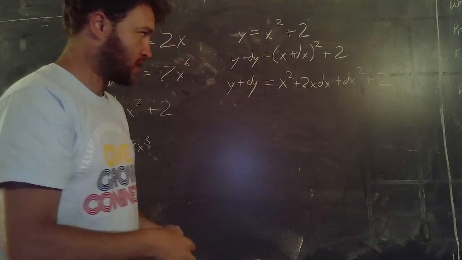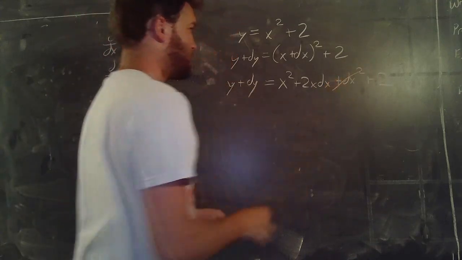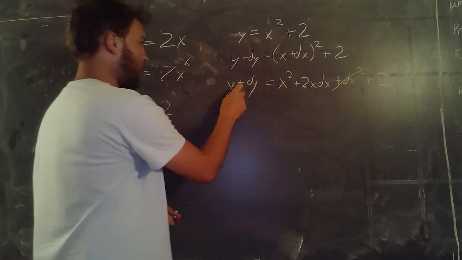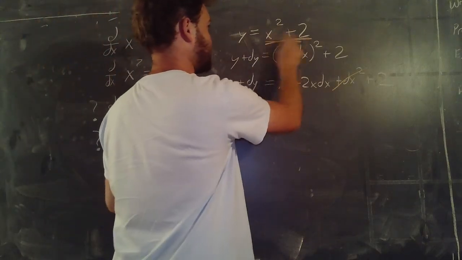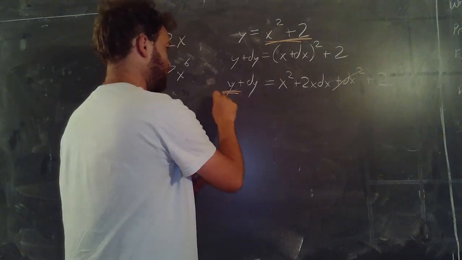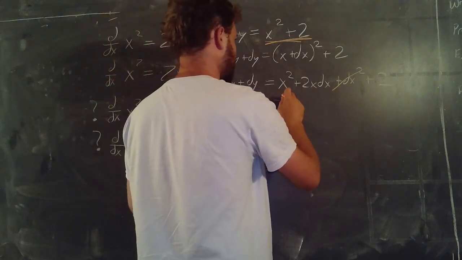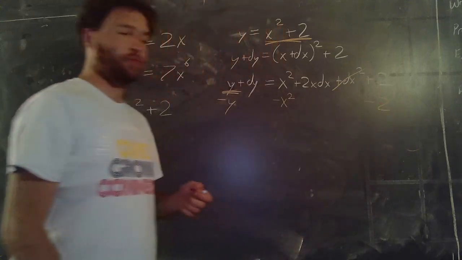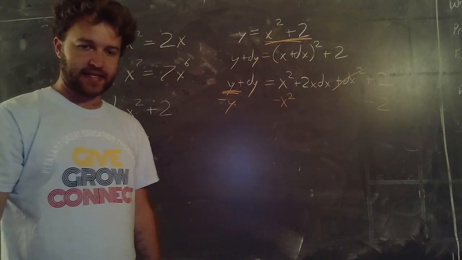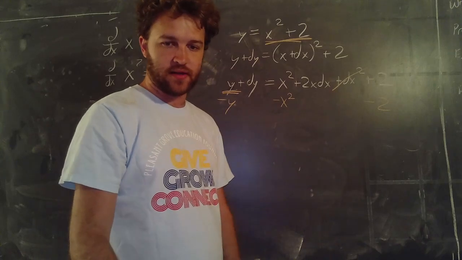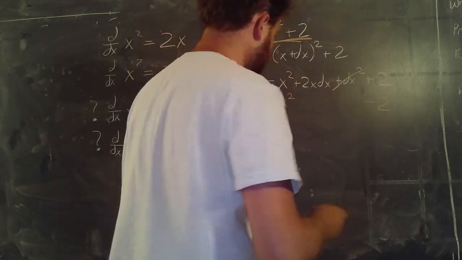We ignore terms that are effectively 0. And now the same moves that we did before, where y is defined as x squared plus 2. So if we subtract y from both sides, that's like subtracting x squared plus 2 from the right-hand side. So we subtract an x squared and we subtract a 2 over there on the right-hand side.